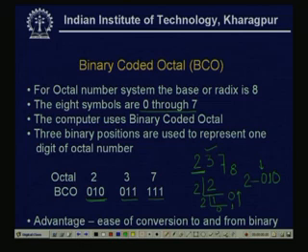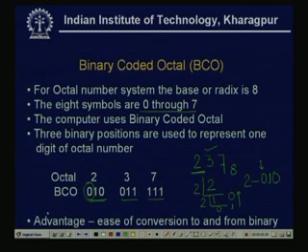Now, it is very advantageous if I want to convert that to simple binary, and what we will be doing is suppressing the leading zeros. See, here only one leading zero is there, this one.